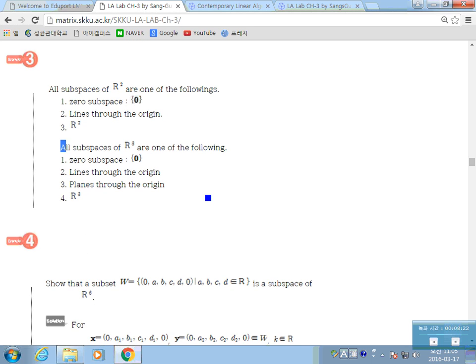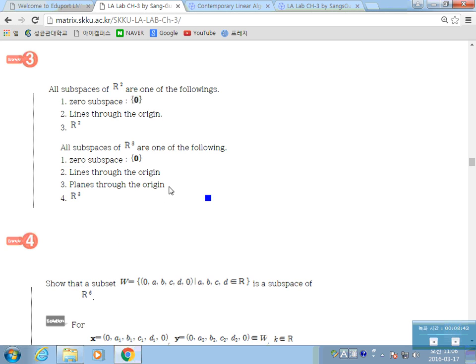For the R3 case, all subspaces of R3 are one of these four. First, the zero subspace and R3 itself, but there are two more. Any line passing through the origin is closed under the vector addition and scalar multiplication.